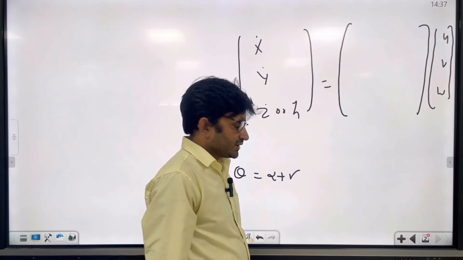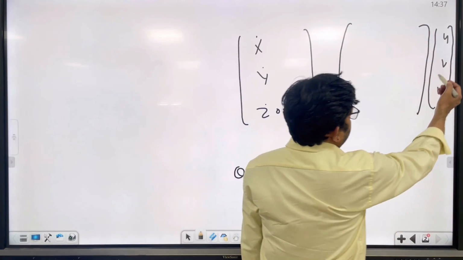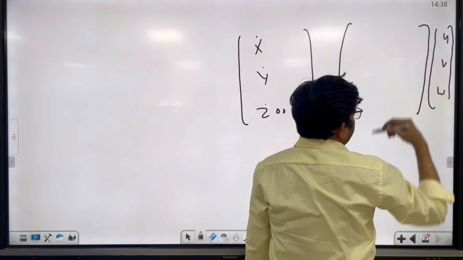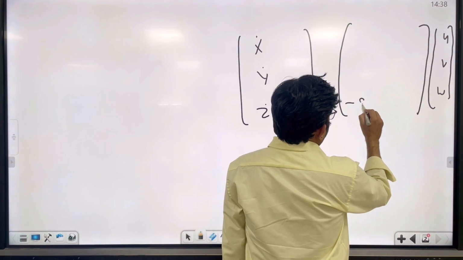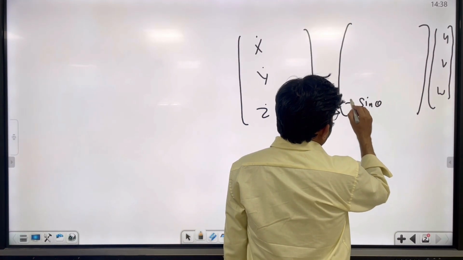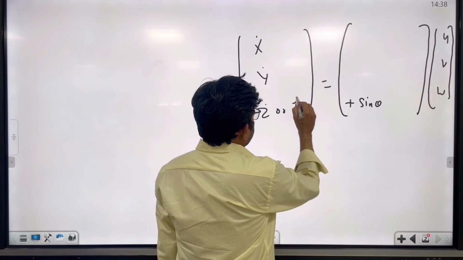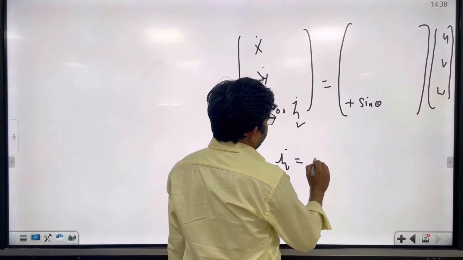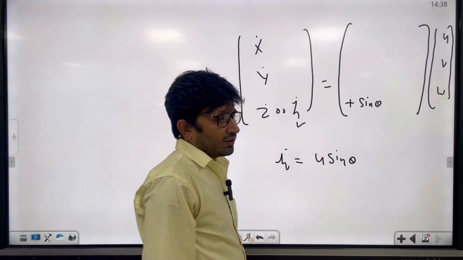Theta is small, so alpha will be small, right? So in this case, you can consider V and W small, so the only dominant term will be U. Okay. If you correctly remember, we have written this as a plus sine theta in that matrix. If you are considering this h dot, okay, h dot you can write U sine theta.